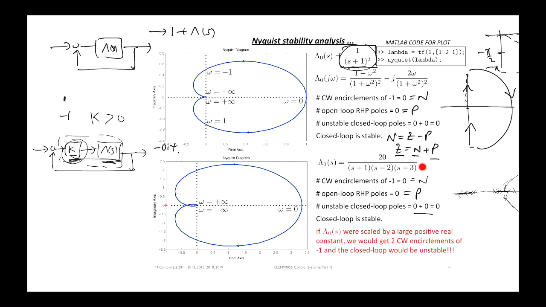Let's look at this example here again. We have 1, 2, 3 open loop poles, all of them stable. There's one at s equals -1, one at s equals -2, one at s equals -3.